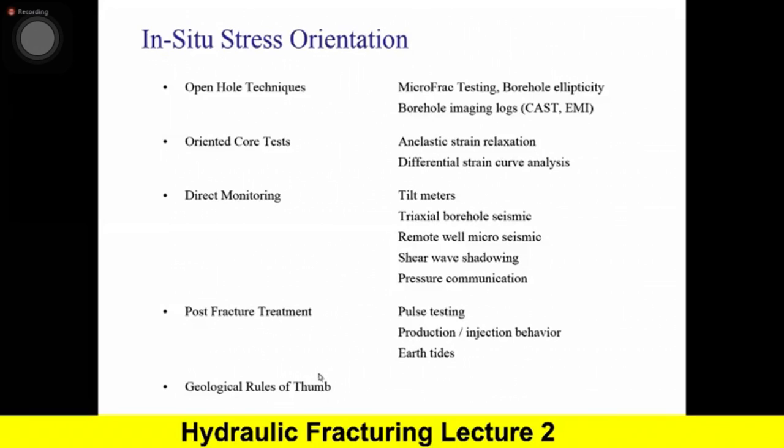Geological rules of thumb. I have personally used that. We worked with a company that did not want to run any testing. They said, well, can you guess what it would be from our geologic map? I looked at it and said, yes, we can do that.